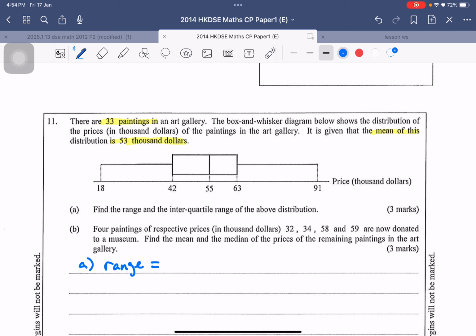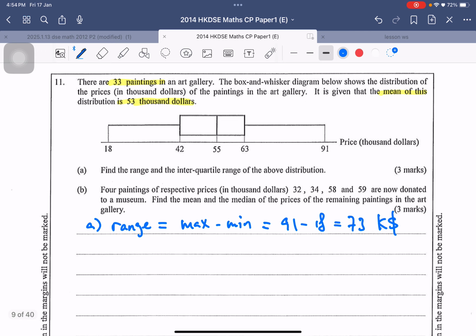It's equal to the maximum minus the minimum. So it's equal to 91 minus 18. Give you the answer, which is 73. $1,000. So K dollars. Okay, I'm lazy. $1,000. If I put zeros, yes.